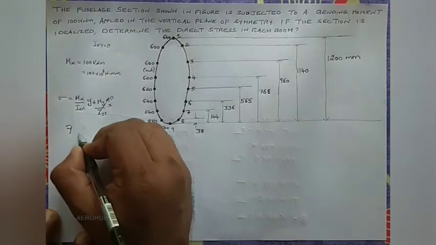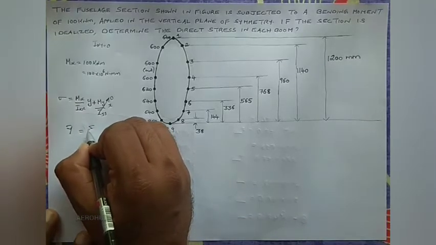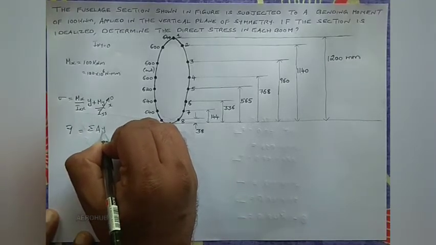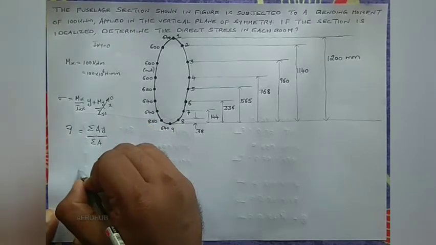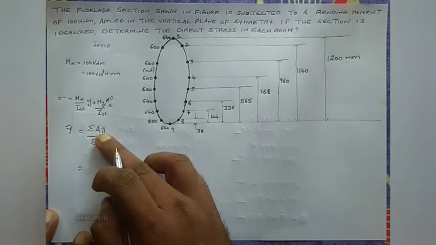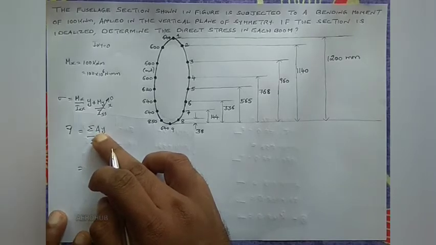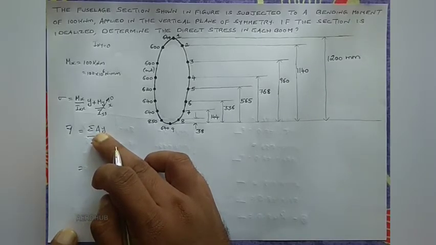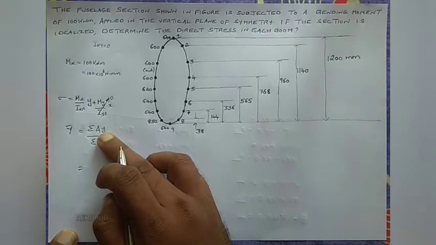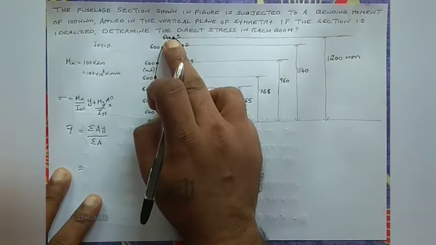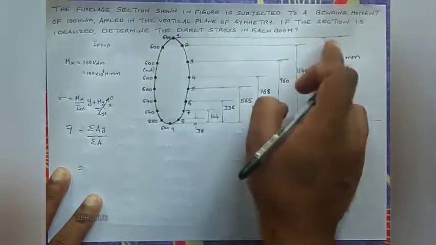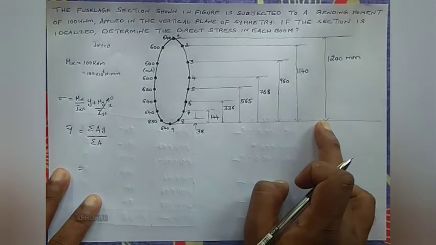Y bar is nothing but summation of A into y divided by summation of area. In this equation we have to consider the boom area into the y distance. For example, for boom area 1 the area is 640 and the y distance from the reference axis is 1200 millimeter.